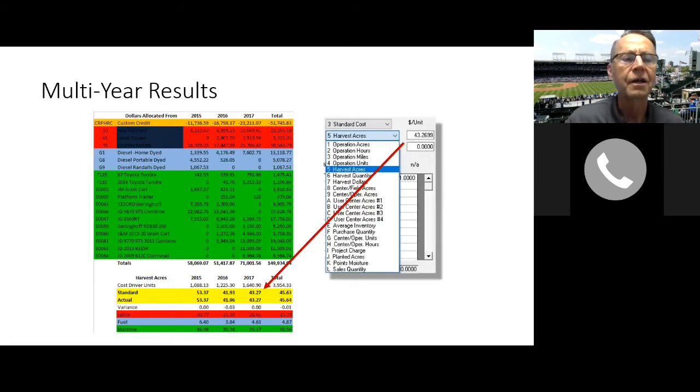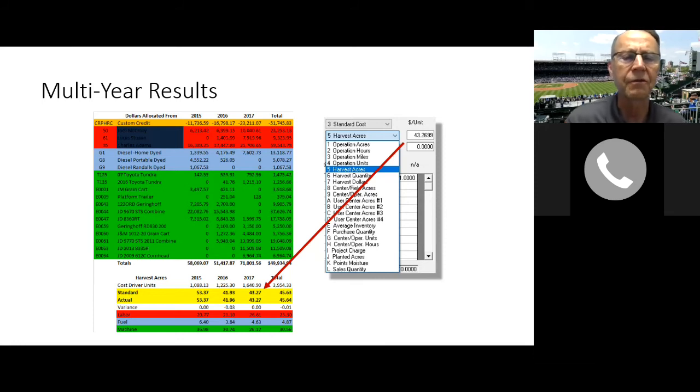This is looking at a 3 year trend and standard cost vendor model report. We've color coded that to make it a little easier to see. The red is labor, the blue is fuel, the green is equipment, and then this one here is based on harvest acres, and the system has reset the value to 43.26 per harvest acre for harvest, and so we can look back over the years what the dollars are and what the components have been.